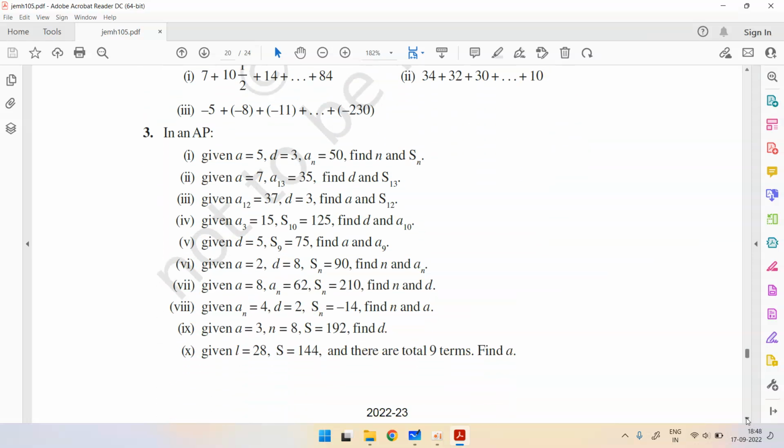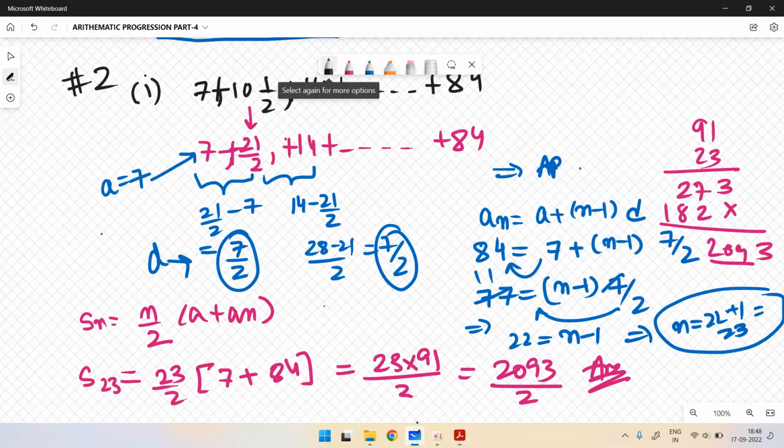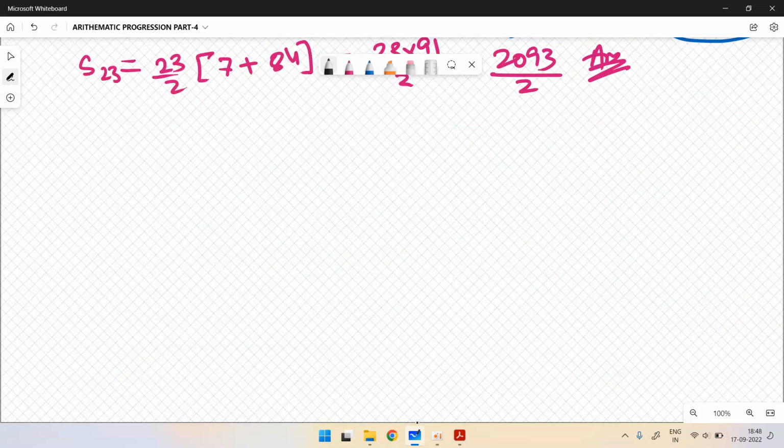Now what it says is: given a equal to 5, d equal to 3, n equal to 50, find n and Sn. Sn is always the formula, so I'm doing some parts which I think are too tricky to show in class.